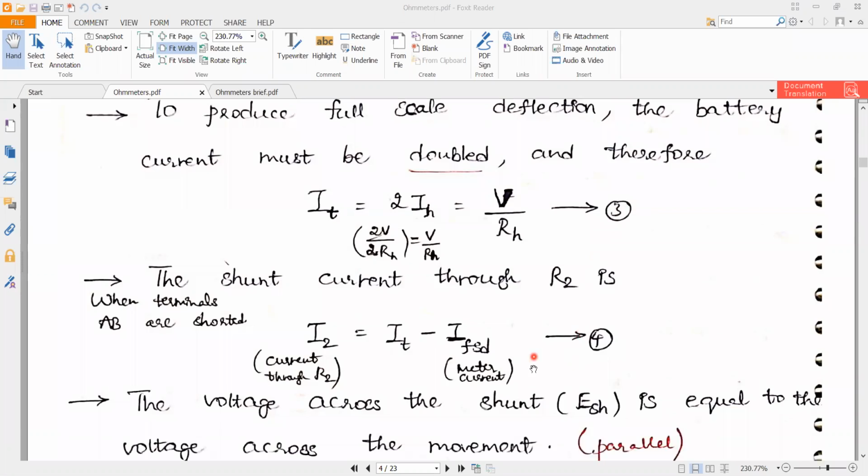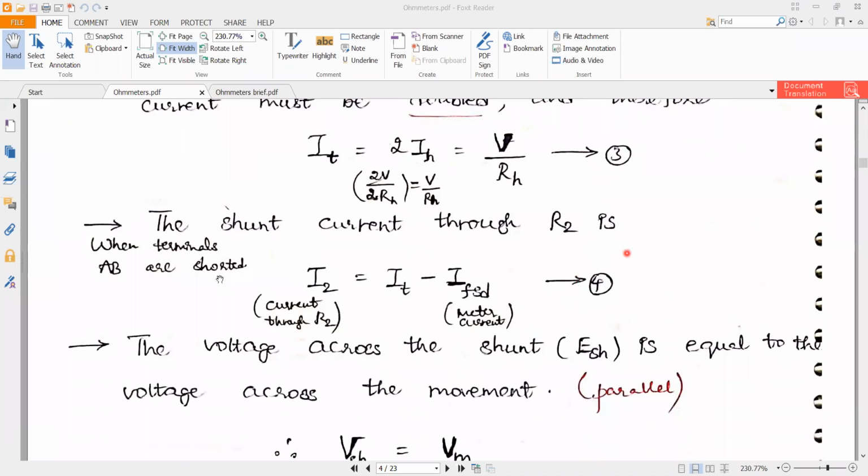Then the shunt current through R2 is given as I2 across this R2. What is the shunt current? That current is given by I2 is equal to total current IT minus the meter current IFSD. To know how much current flows through R2, that current I2 is equal to IT minus IFSD.